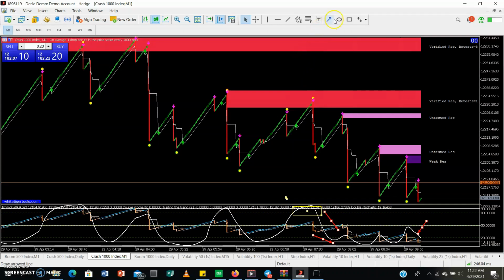Also, you can do the opposite of going against the spikes, and you can go in the direction of the spikes by using the top half of this bottom indicator, which is the 80 level and above.